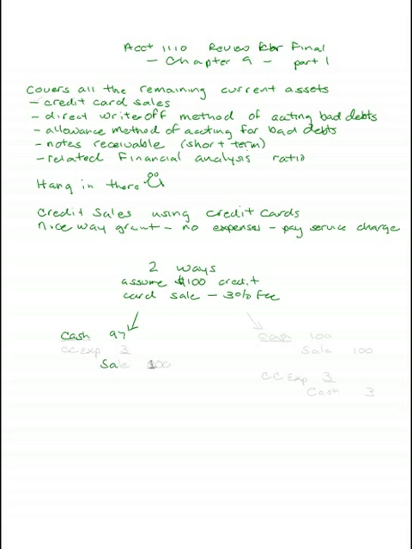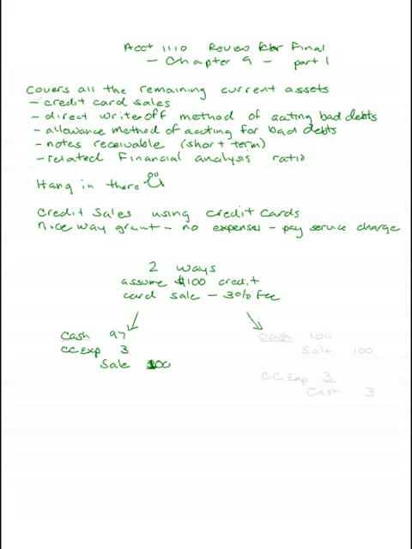You record the sale for $300. Oop, how about $100? Can't do my own math, huh? And you pick up the credit card expense for $3, and you immediately get the $97 in your checking account, and you pay your fee. This works well when the credit card expense is known up front.